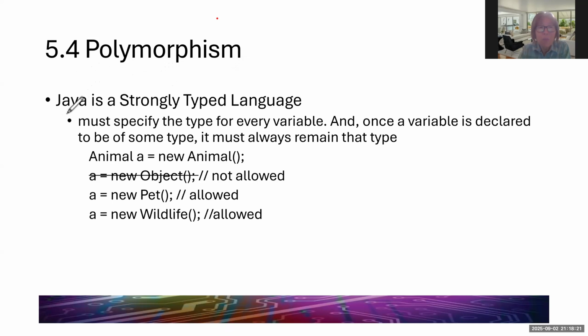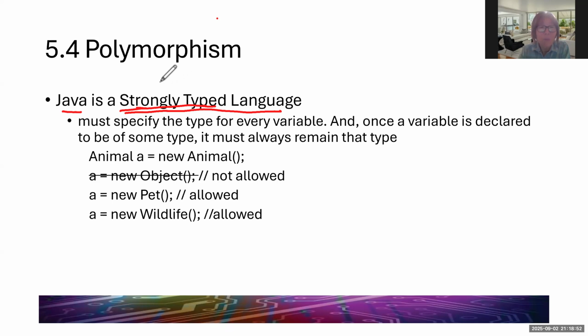I want to mention that Java is a strongly typed language. So what is a strongly typed language? Maybe you already learned Python. If you recall, Python is not a typed programming language because a variable doesn't need to have a type. The type is associated with the objects.